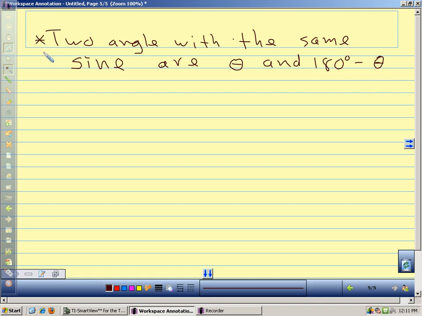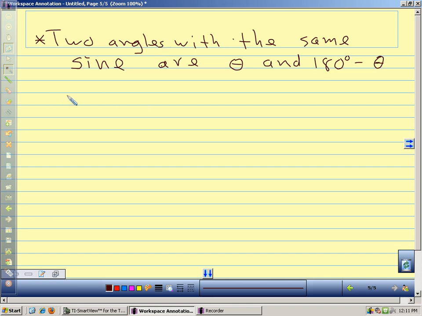If we're trying to find an angle and we use the inverse sine to get my angle, my calculator is only going to tell me one angle. It's going to tell me theta. Another possibility that has the same sine is 180 degrees minus theta.